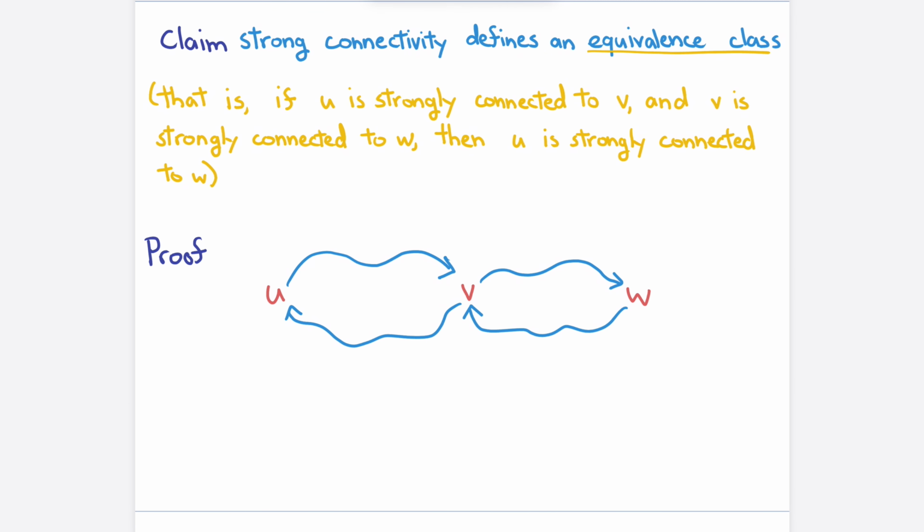If you can reach V and V can reach W, you should be able to concatenate those walks so that U can get to W. And vice versa, if W can reach V and V can reach U, the fancy word is transitive, but all that's really going on is you concatenate these walks through the graph, you'll get a walk from W to U. So we're just concatenating, nothing special. Okay. But in that sense, they form an equivalence class. So that will partition all of the vertices.